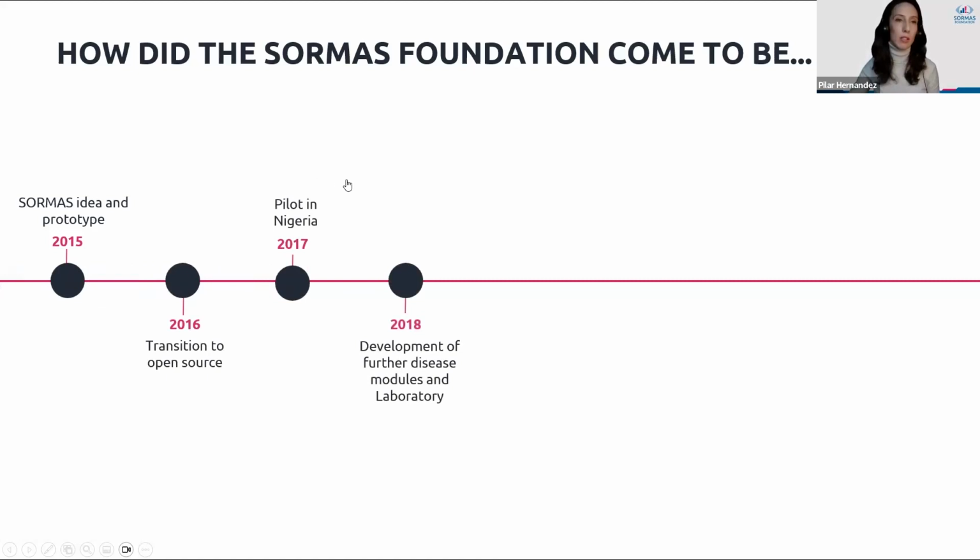The software started with 7 diseases, but very quickly included other modules and also the laboratory module, which is also available in the system. In 2019, the software continued expansion, and very importantly, it was recognized, as I mentioned before, as a global good. The maturity assessment for global goods was done and recognized SORMAS as a global good.